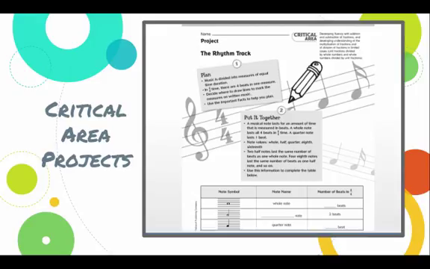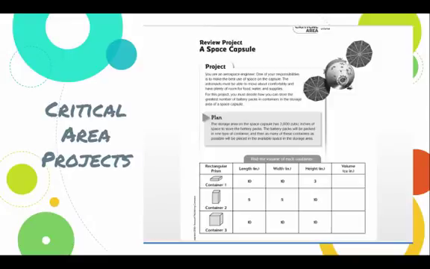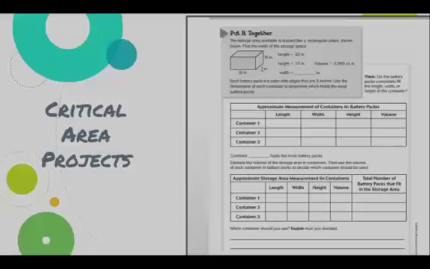And here you can get an idea for what these critical area projects look like, and the standards that they relate to. Here's a space capsule critical area project. So I think these are really powerful for our students and a little bit more open-ended, connected to real-world application type problems, which is also very important.